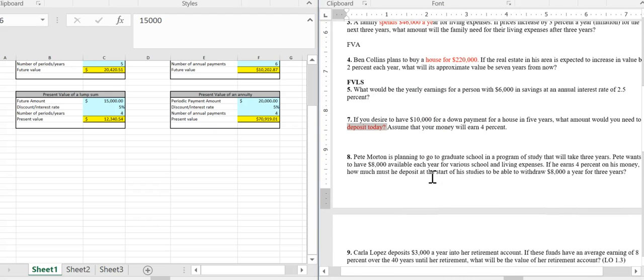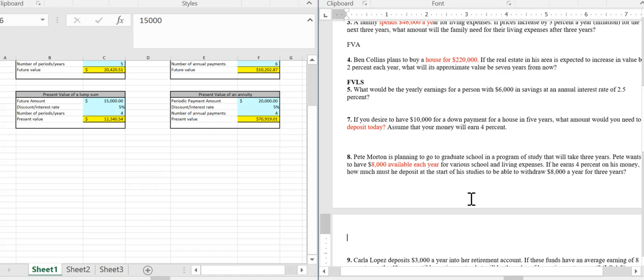This person is planning on going to graduate school, wants to have $8,000 each year, annuity. If he earns 4%, how much must he deposit at the start of his studies? This one is a little tough. This is like an annuity problem with retirement. So again, he wants this $8,000 each year, and he wants to know, so how many years does he have? 3 years.